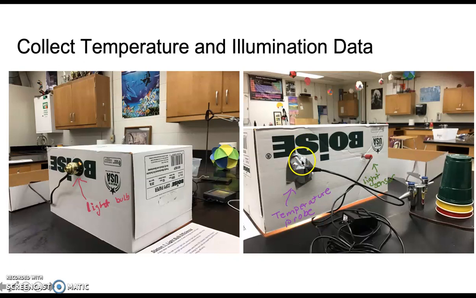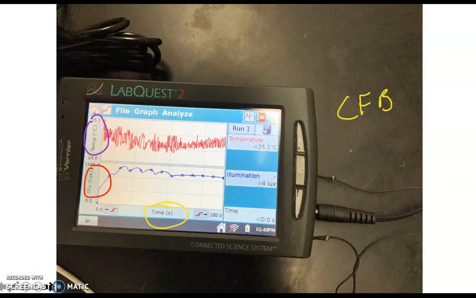On the other side of the box, there is a temperature probe and a light sensor that's going to measure the luminescence. So here, for example, after running for 180 seconds, so 3 minutes, not too long, for example, the compact fluorescent bulb, you can see what happened to the temperature and you can see the illumination.